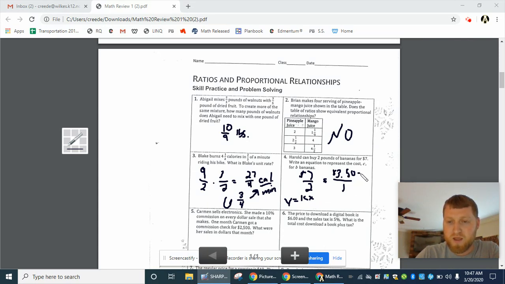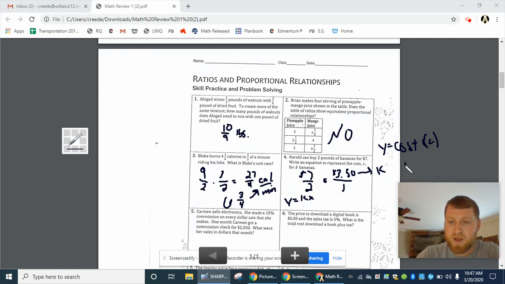Our k in this case is going to be 3.50. y is equal to the cost, so y equals cost, and I'm going to put C in parentheses.